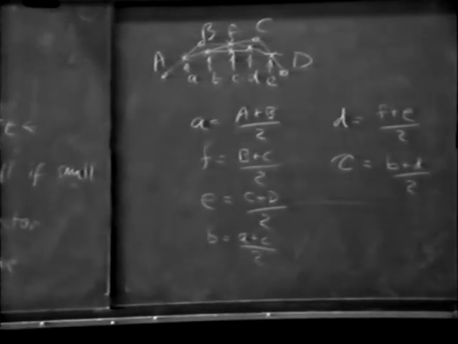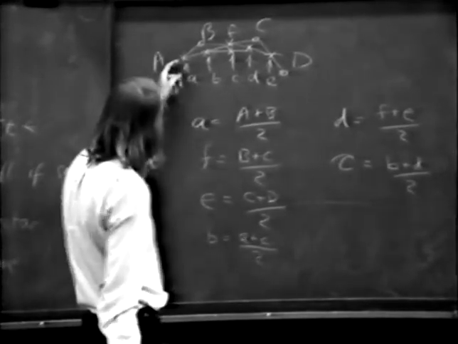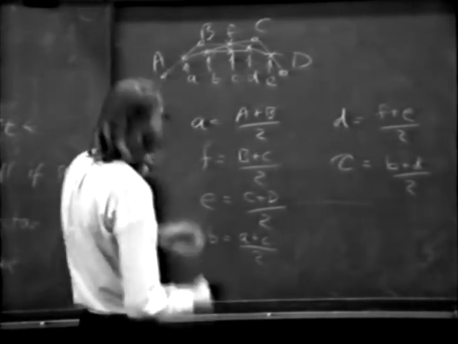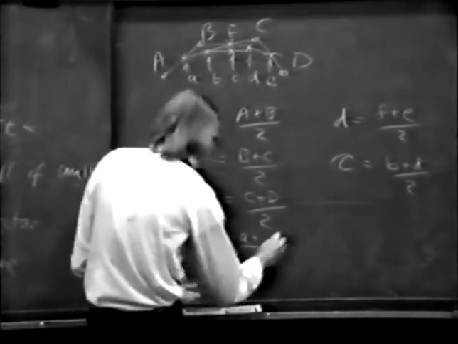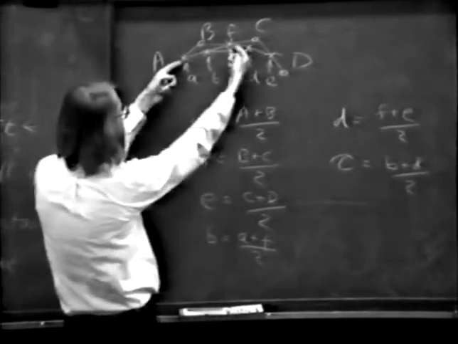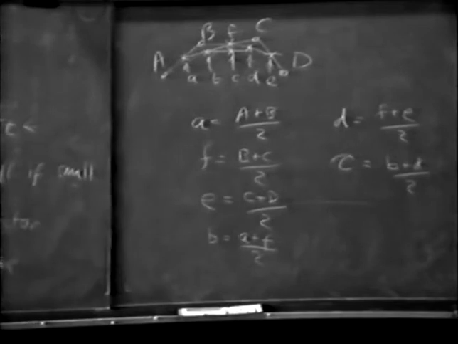B, A plus F over 2. Which B? Capital B or small b? A plus F over 2, that's right. Thank you. Diagram is a little messy up there, so it's easy to lose a few. A plus F, F plus E, B plus D. Okay, I think we're all set now.